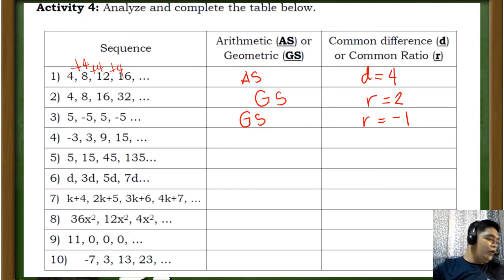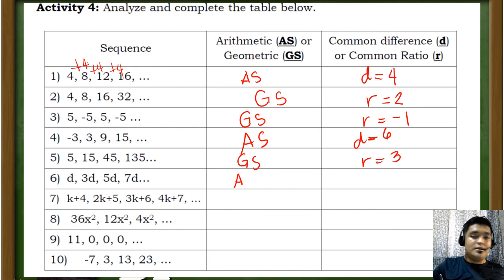Okay, now let's answer. For number 4, that is an arithmetic sequence. Okay, and then our difference is 6. Then number 5, that is a geometric sequence. Then our R is 3. Number 6, that is an arithmetic sequence.